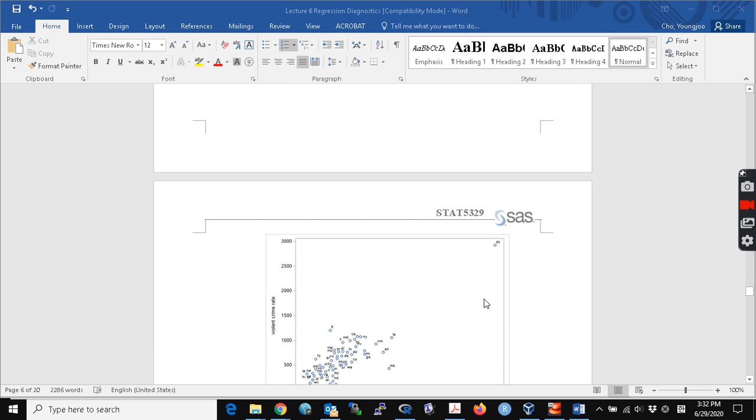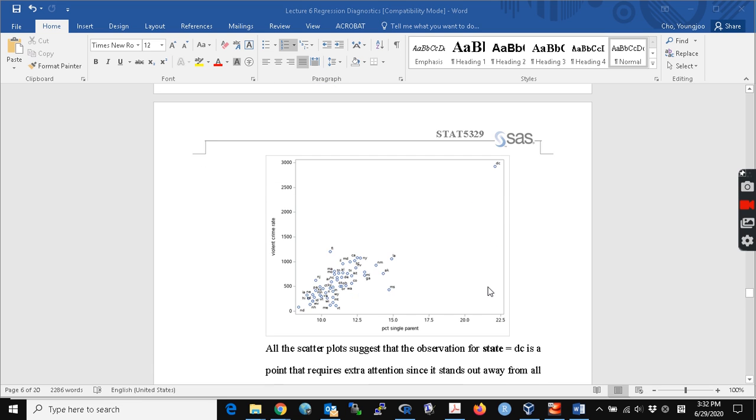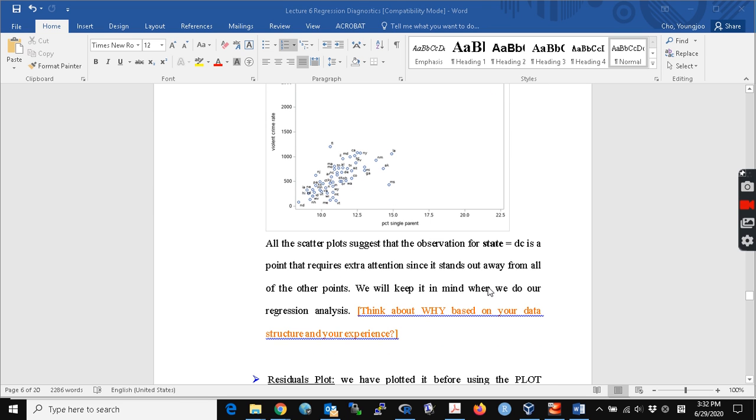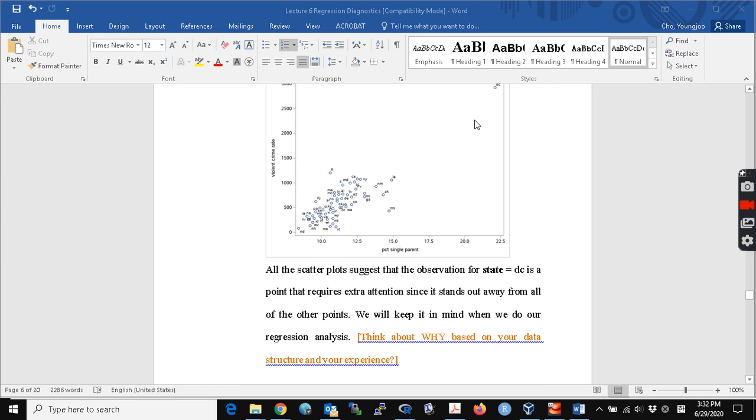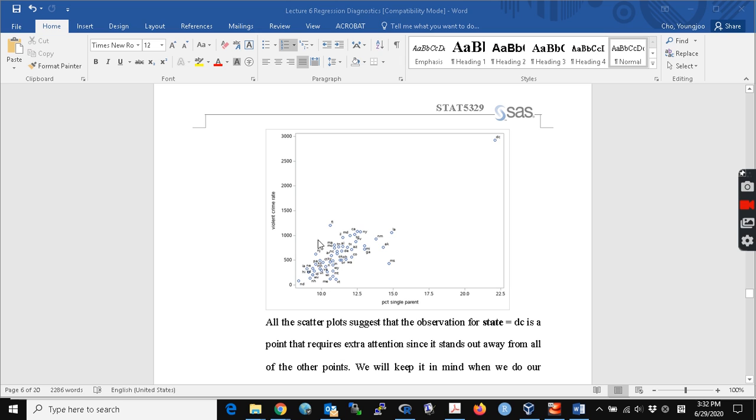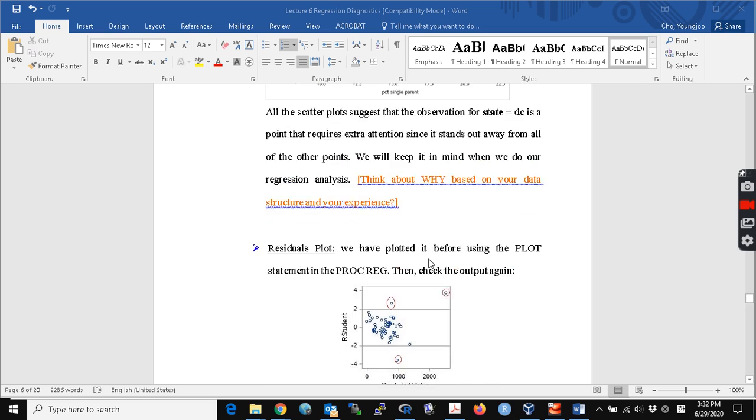You can see that DC is the outlier. This DC observation is far from the other data points.